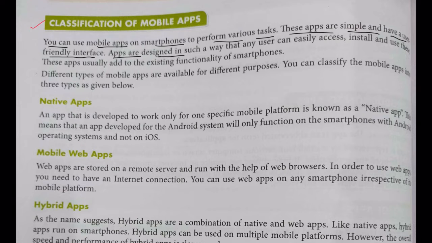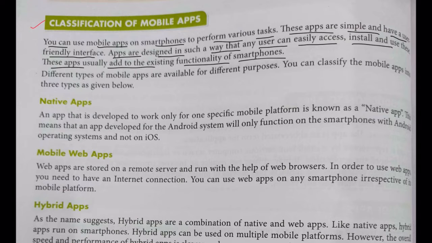Apps are designed in such a way that any user can easily access, install, and use them, right? So this is what I told you earlier. These apps usually add to the existing functionality of smartphones. Now, how is it done? For example, your mobile phone has GPS in it, right? But you cannot use the GPS directly, in a raw way.